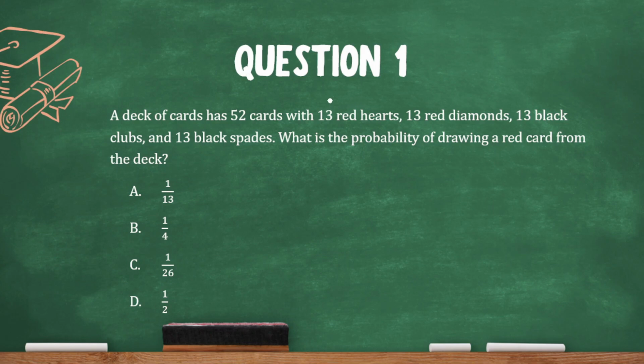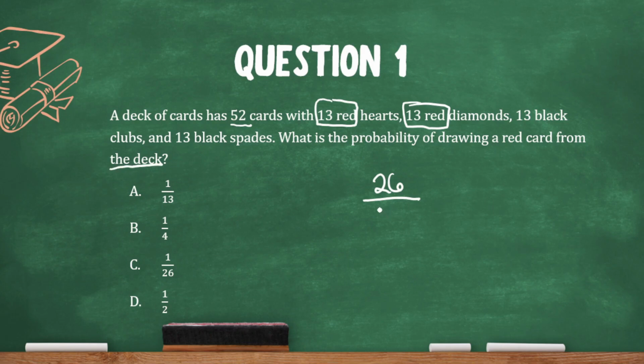Okay, well they told us right here there's 13 red hearts and 13 red diamonds. So if we add those up, we'll have the total desired outcomes. So that's 26. And we're going to put that over the total possible outcomes. There's 52 total cards, and we're drawing from that whole deck.